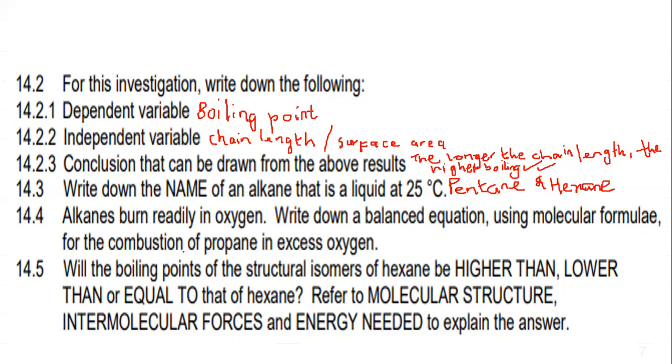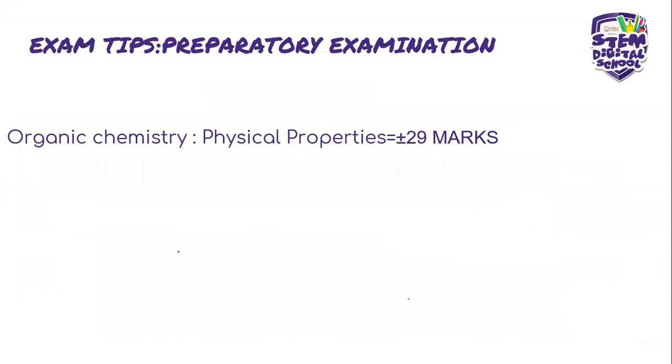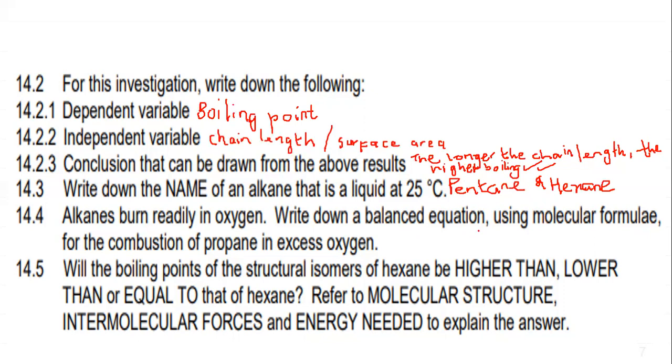Alkanes burn readily in oxygen. Write down a balanced equation using molecular formulae for the combustion of propane in excess oxygen. You will remember what this means. When we say an alkane is undergoing combustion, definitely it burns in the presence of oxygen gas.